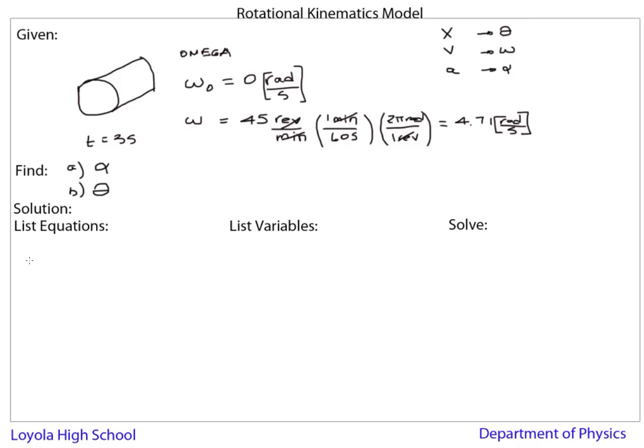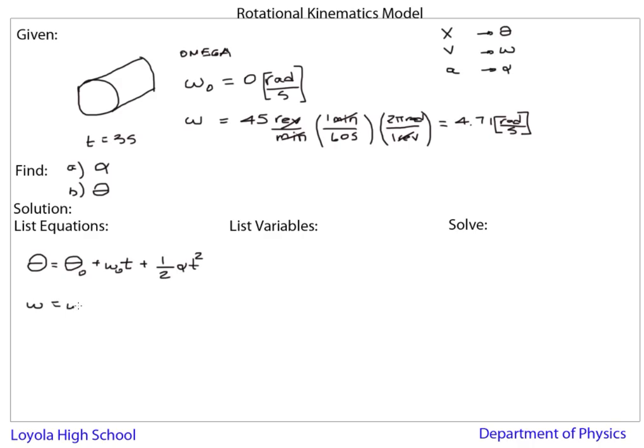So the equations are, and you'll see the similarities here in a second, theta is equal to theta 0 plus omega 0 t plus 1/2 alpha t squared.